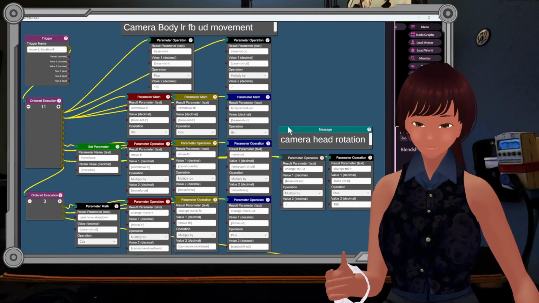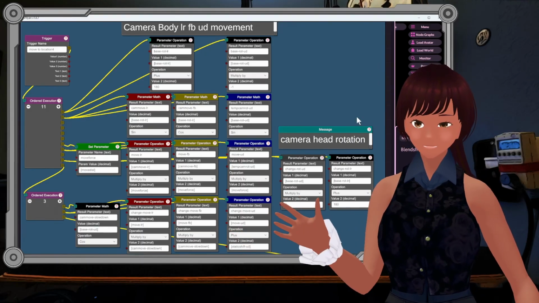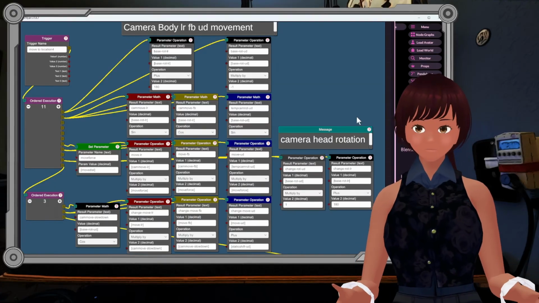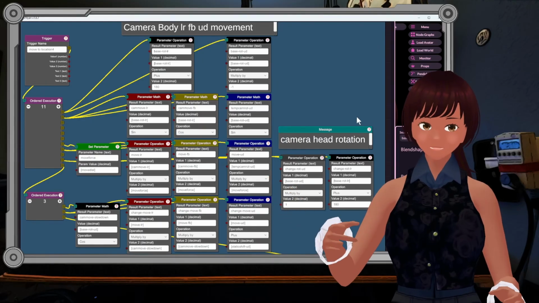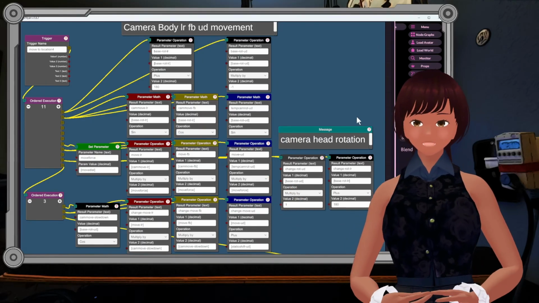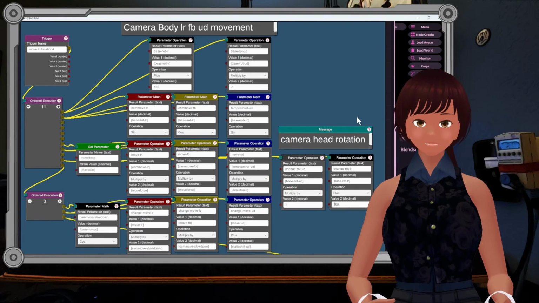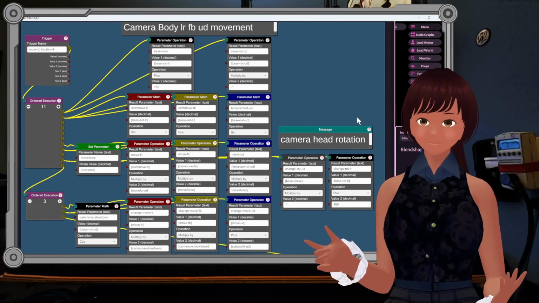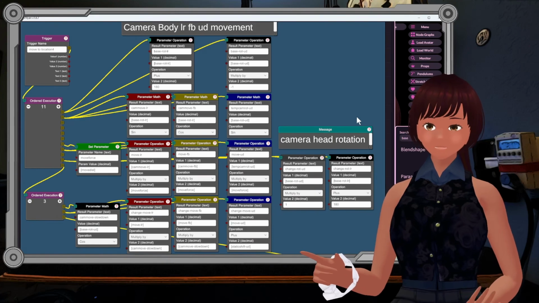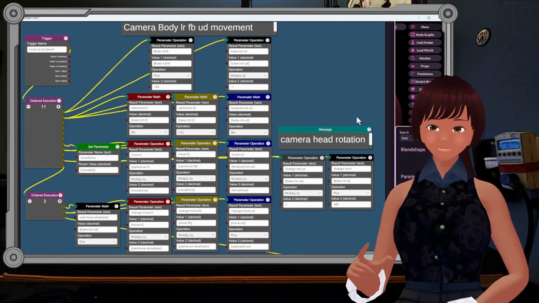Now, what are these two things here? Camera head rotation. Those are pretty simple. Whatever direction that we change the angle in is where the camera is going to be changed. But hey, look at these little numbers. 1 and 180.